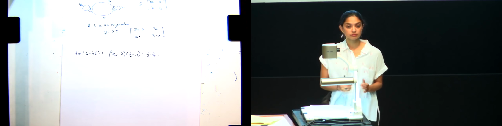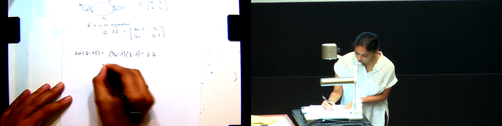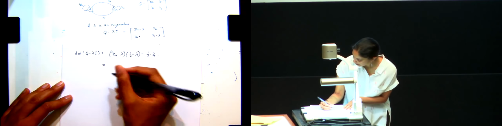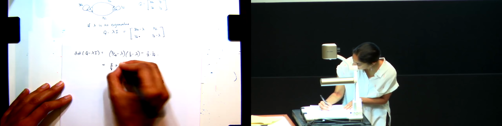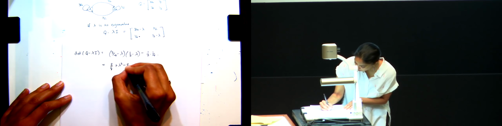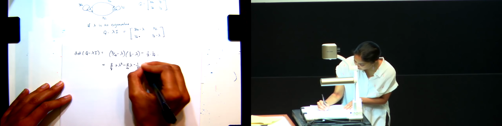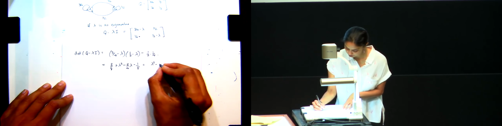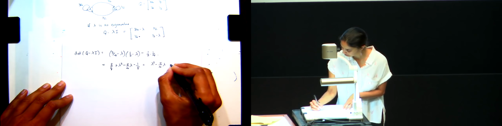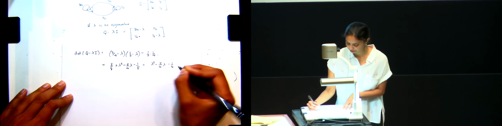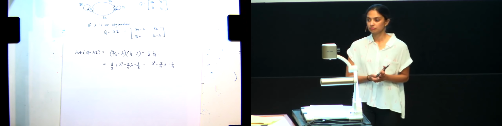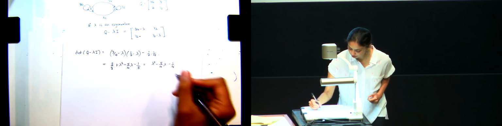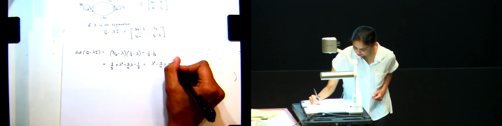Everyone see that? Okay, so what is this equal to? I got lambda squared minus 5/4 lambda plus 3/8 minus 1/8. How many people got the same characteristic polynomial? Plus 1/4, thank you.